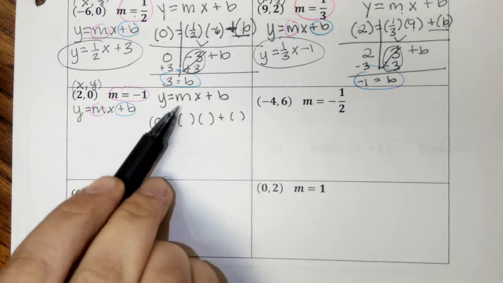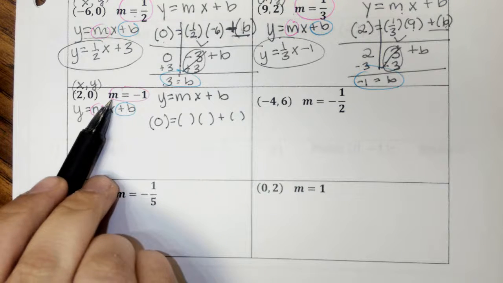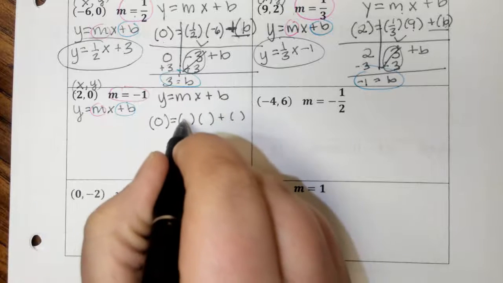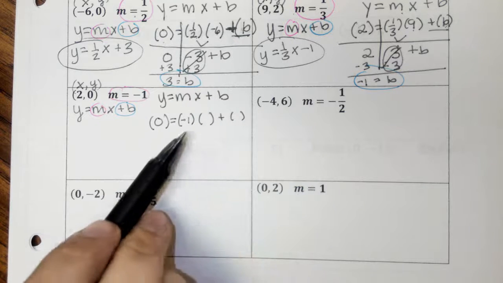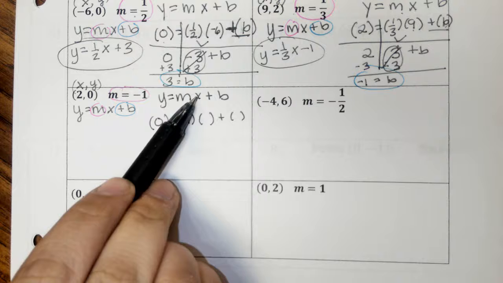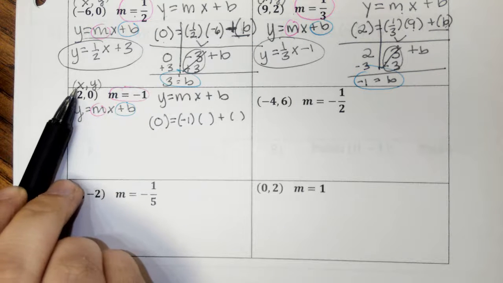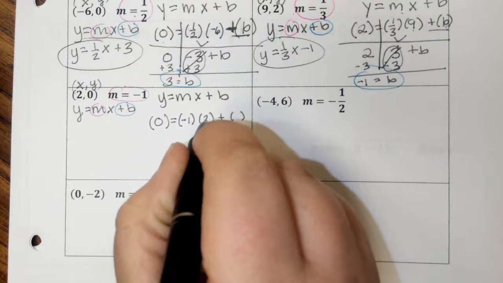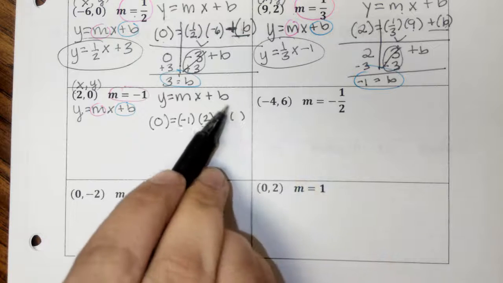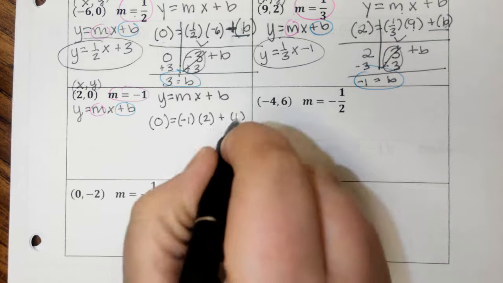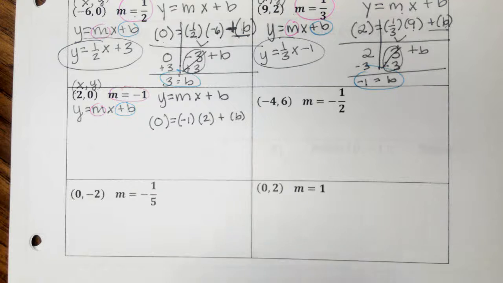The next bubble is in place of m, and m is -1. The third bubble is in place of x, and x is 2. The last bubble is in place of b, and we're trying to solve for b, so that stays a letter.